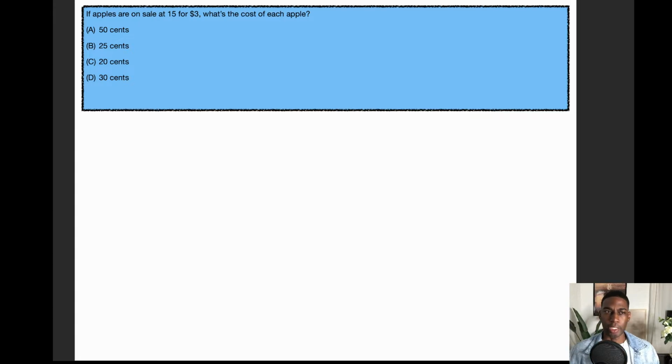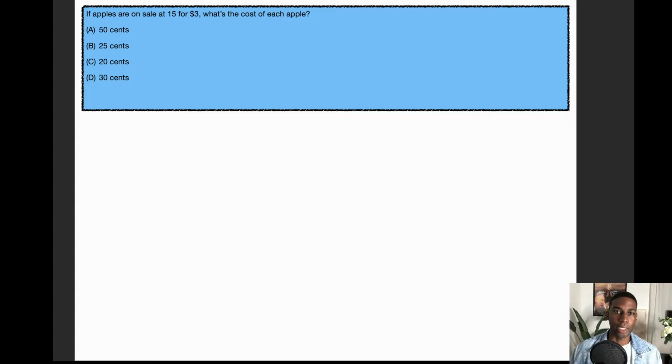In this question with the apples, if apples are on sale at $15 for $3, what is the cost of each apple? By the wording of the question, I understand that I would have to divide. I wouldn't multiply. I wouldn't subtract. I wouldn't add. I'm trying to figure out how much for each apple.